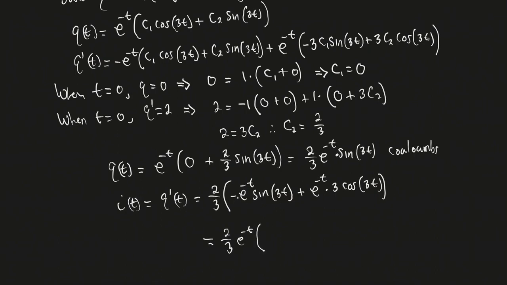If you want to write what's in parentheses with a leading coefficient that's positive, write the cosine term first. So you'll have 3 cosine of 3t, and then minus sine of 3t. So that's our current function, and then the units again would be amperes.